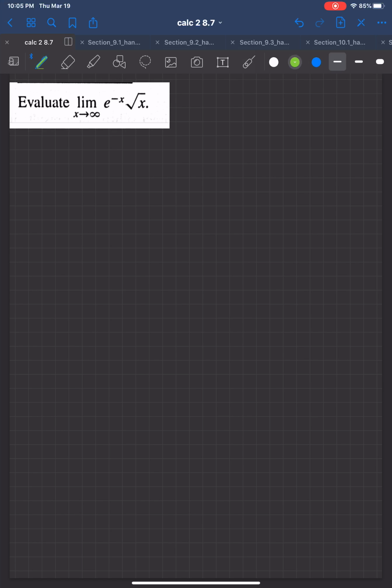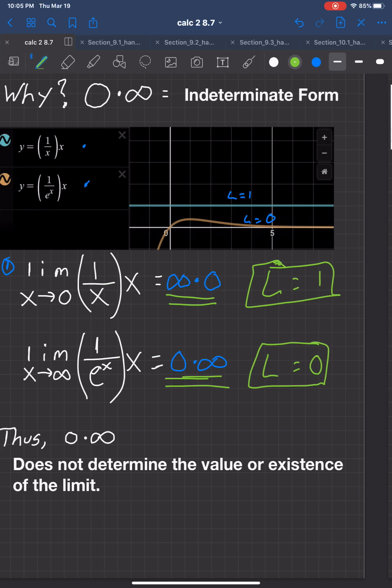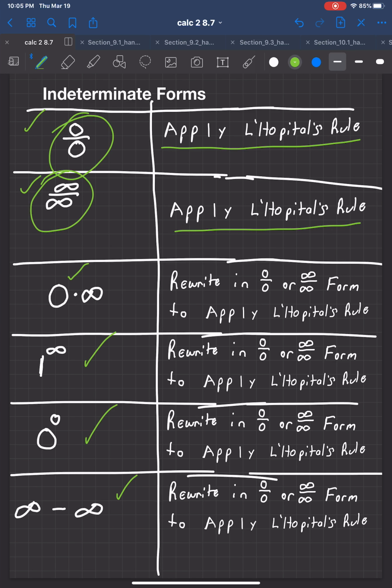So continuing. At least I think now we're going to run into some scenarios where we start to see some of those other indeterminate forms. I'm going to kind of scroll back just a little bit. This is from a previous video. So we're now going to start to see some of these other indeterminate forms: 0 times infinity, 1 to the infinity, 0 to the 0, things like this.